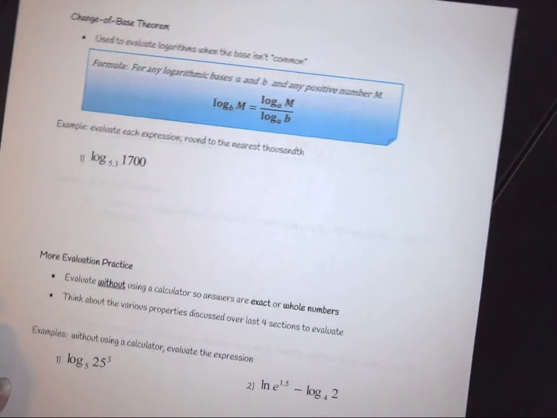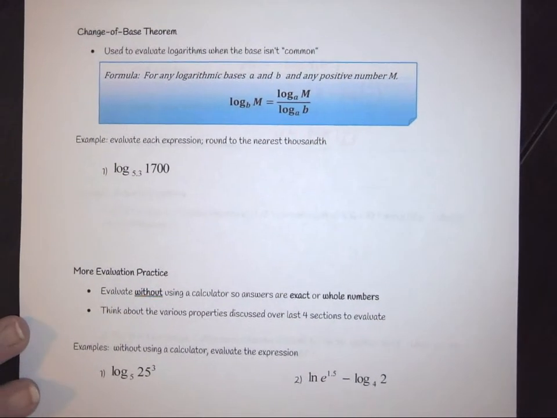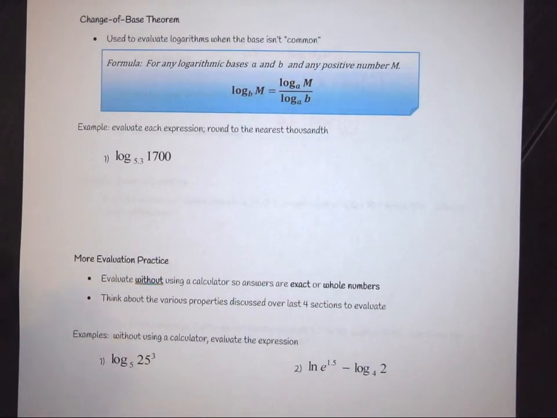Now, another rule that we have in place is called change of base. The change of base rule is used if you need to evaluate a log, but you do not have common.